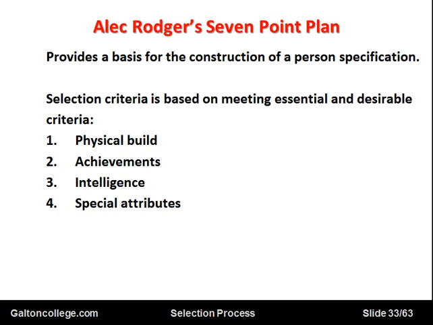They may have particular talents. They may enjoy a good reputation as an athlete or as a musician. And that may be desirable to have a person in the business with a good profile in that area, because it promotes the business and the image of the business.